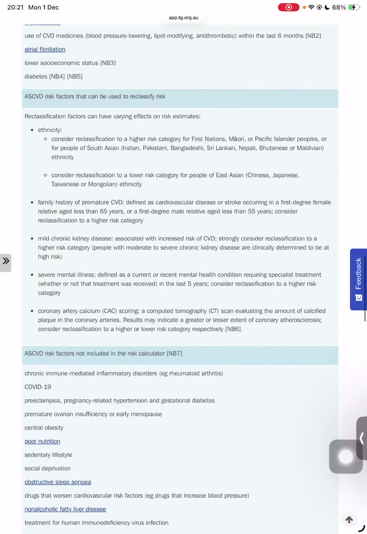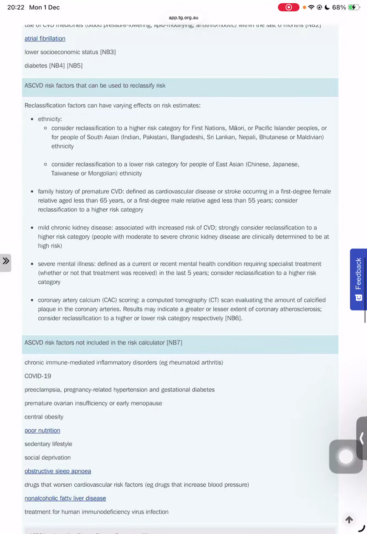Then the next one, risk factors that can be used to reclassify risk. These are ethnicity. Remember this point. Consider reclassification to a higher risk category for First Nations people. We already discussed that they are high risk.